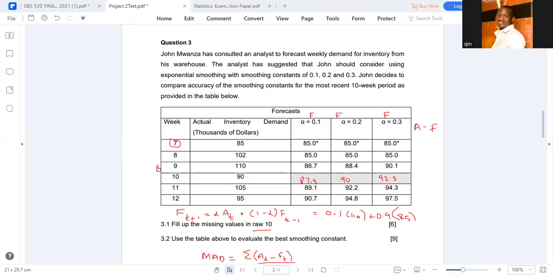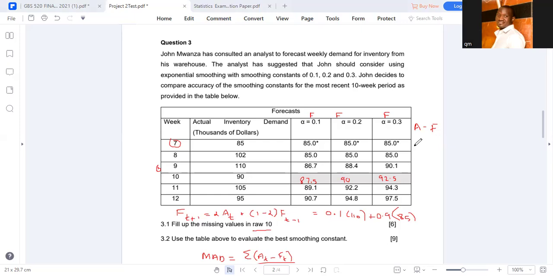Then the other one is 90 minus 87.5, that's 2.5. And the other one is 105 minus 89.1, that's 15.9. And the last one, 95 minus 90.7, that should be 4.3. So you're seeing the differences here.